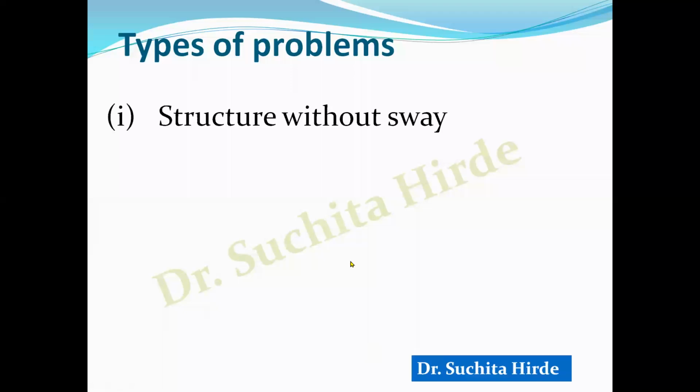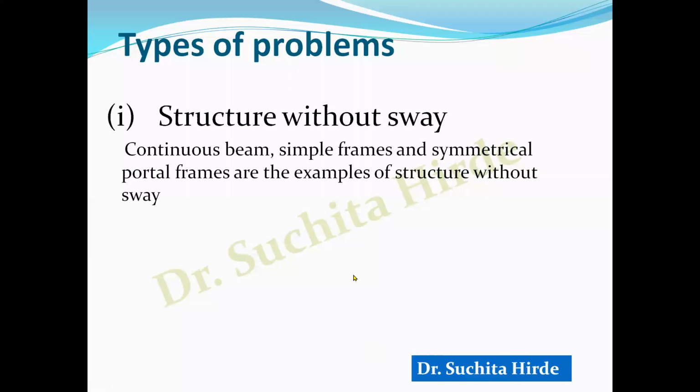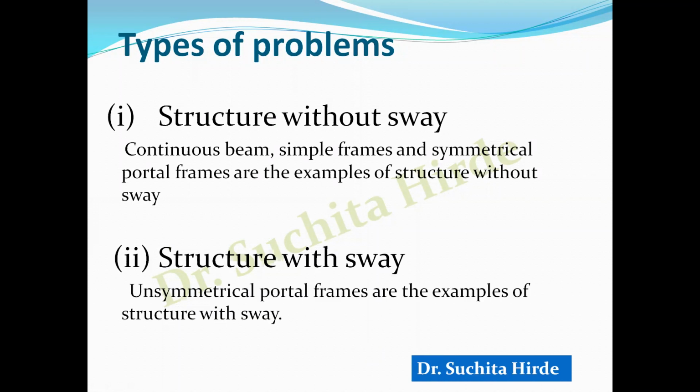Using Kani's method, we can solve the structure without sway and also the structures with sway. In structures without sway, we can analyze continuous beam, simple frames, symmetrical portal frames. In structures with sway, we can analyze unsymmetrical portal frame using Kani's method.